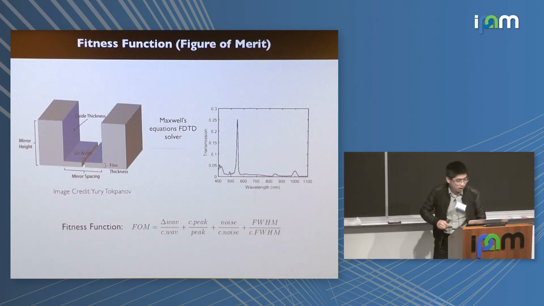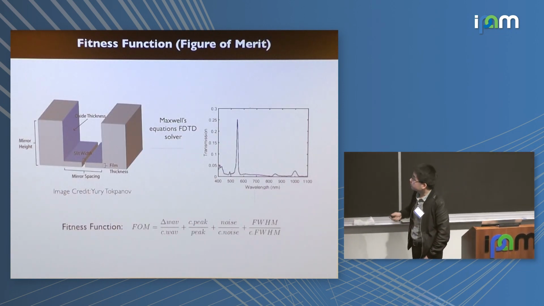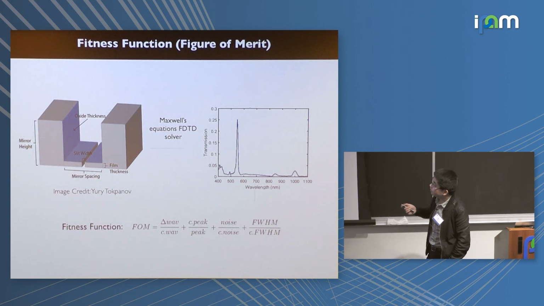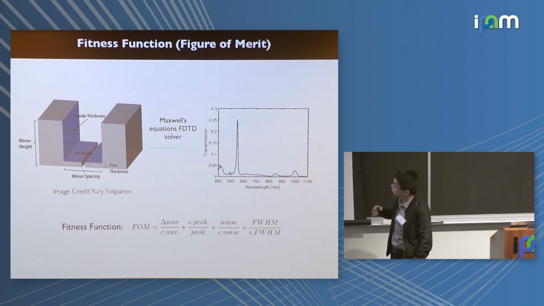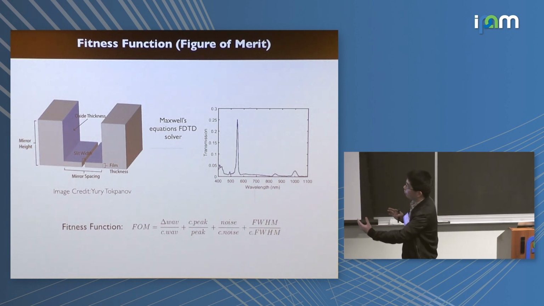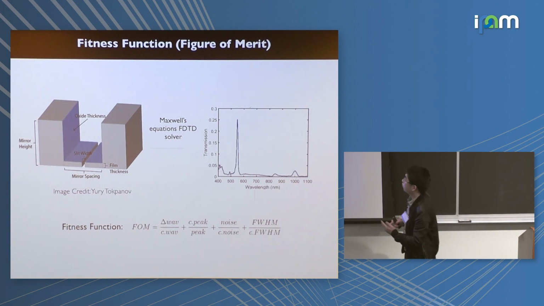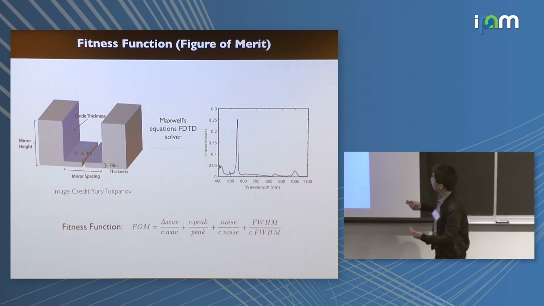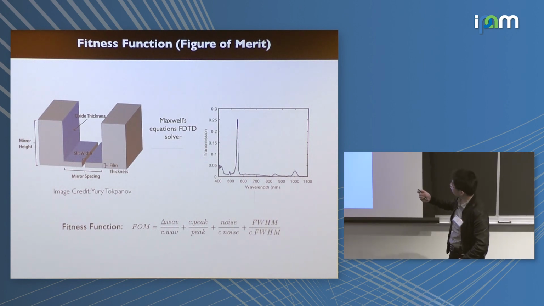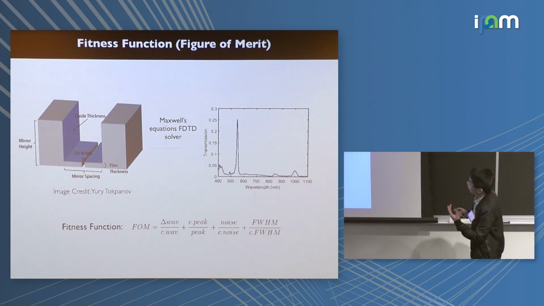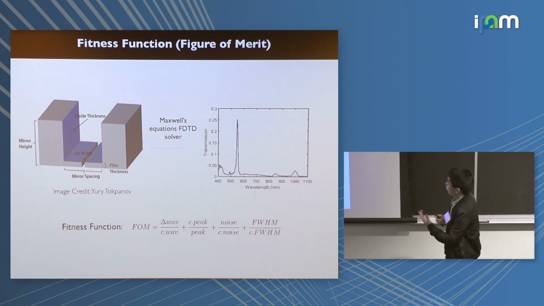To make it more concrete, suppose we have a physical device parameterized by a numerical representation, including the spacing of the mirror for the single slit, the material of the wall, the height of the mirror, etc. Light passes through, and there is a light transmission response for a particular wavelength.